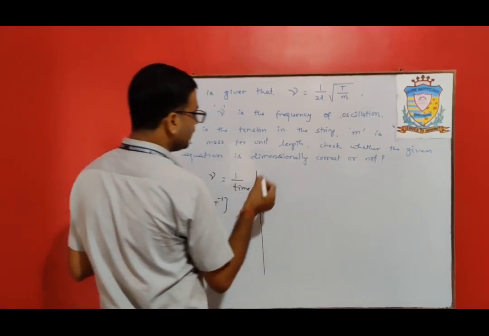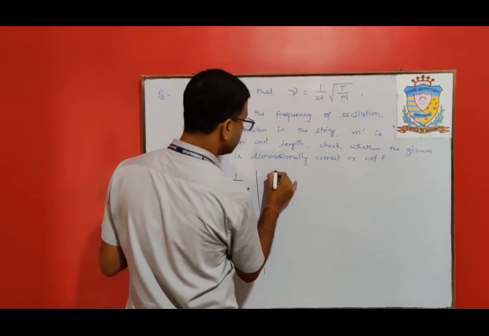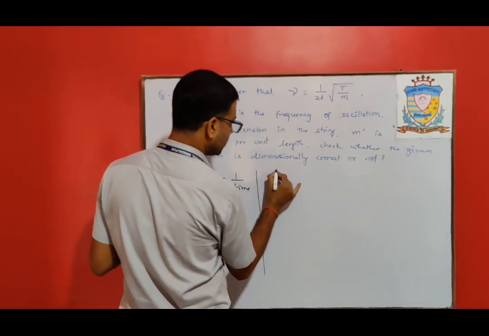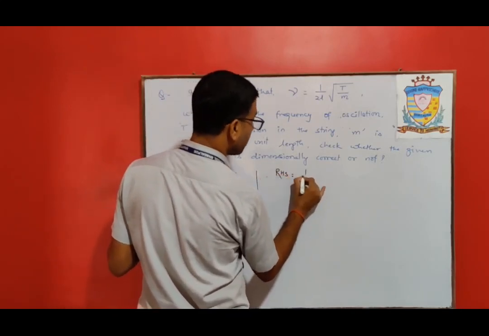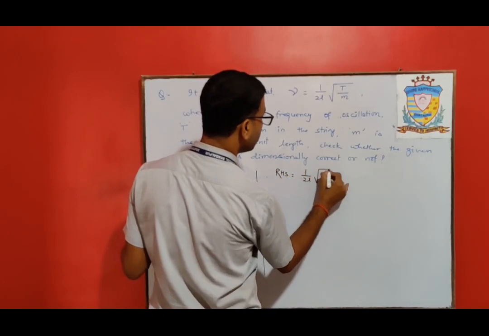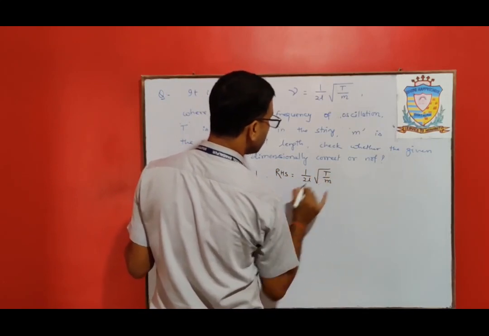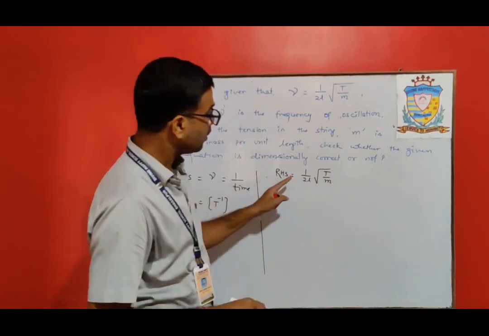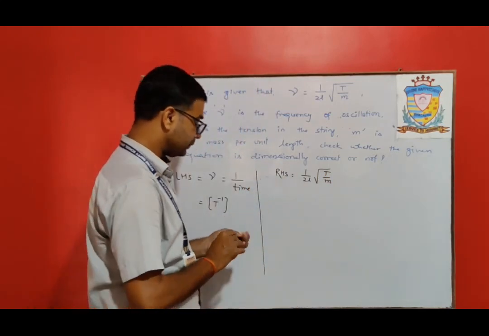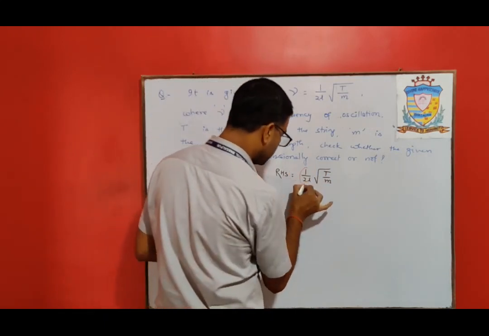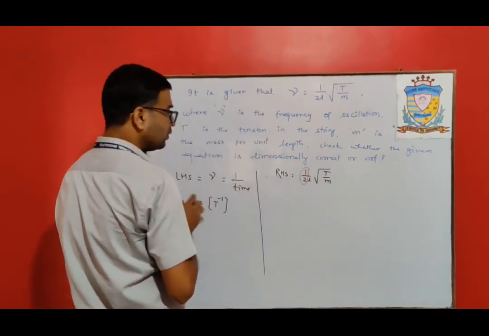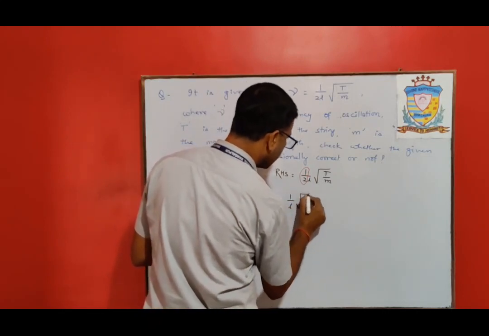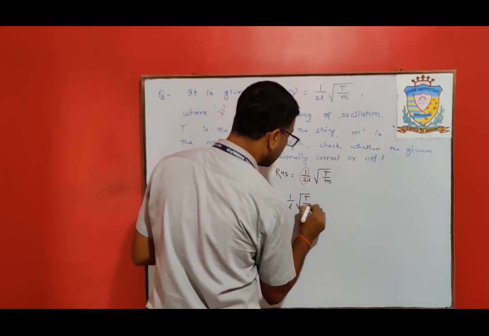In the RHS side we have 1 upon 2L under root T by M. Here 1 by 2 is a dimensionless constant, so remove it. So what we have now is 1 by L under root T by M.